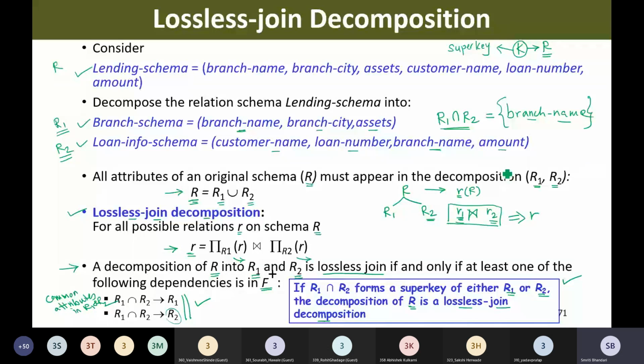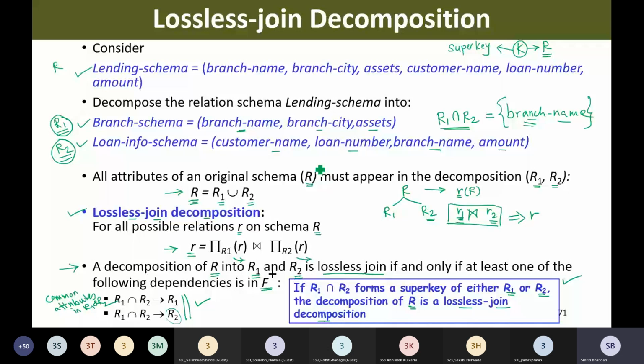So with the same example, I'm going to illustrate this concept. We have this lending schema and we have decomposed our lending schema into branch schema and loan info schema. So we now have functional dependencies like branch name determining branch city and assets.